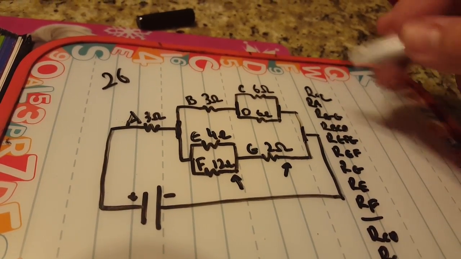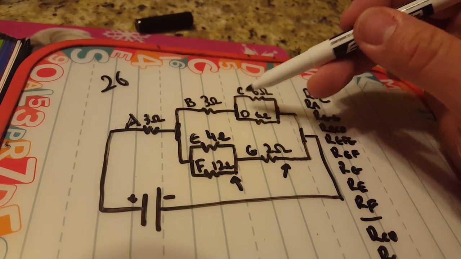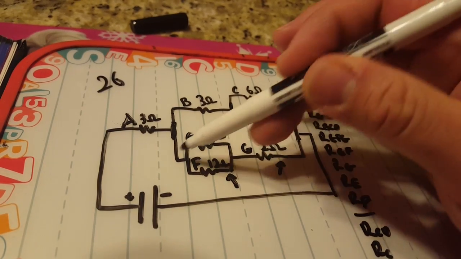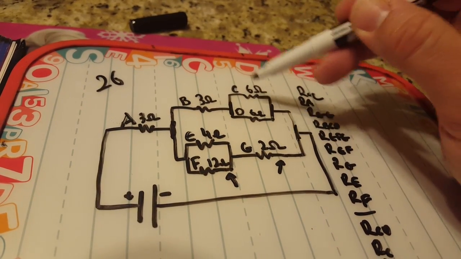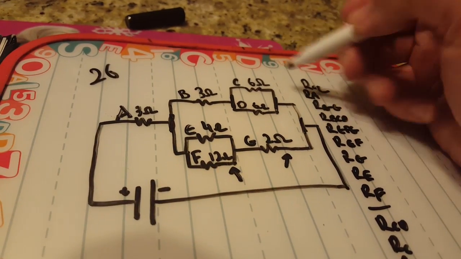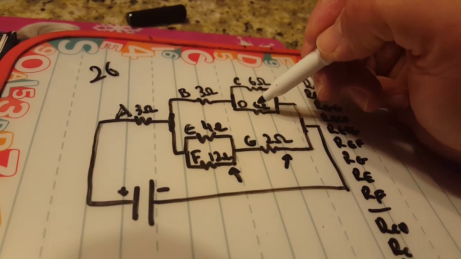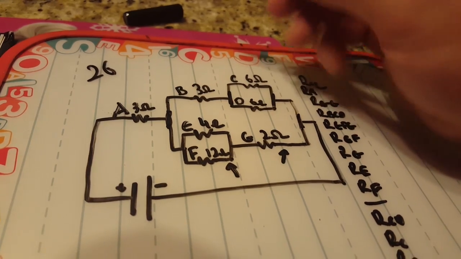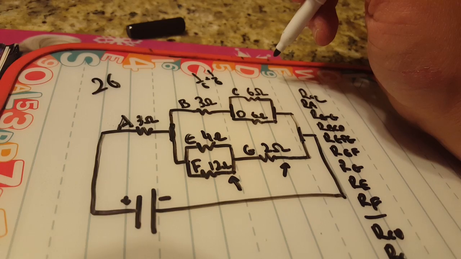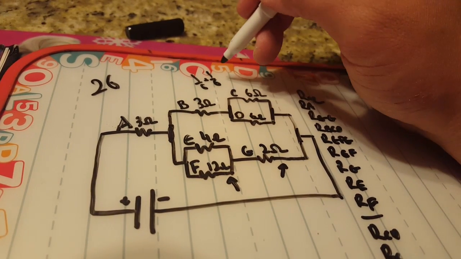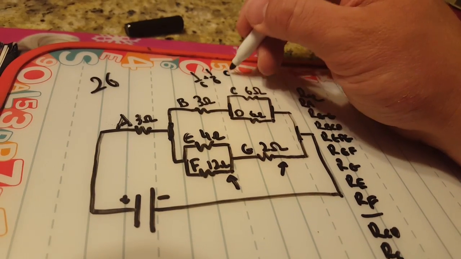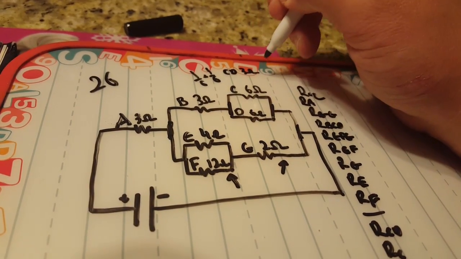So, to do the problem, we have to work these guys out. We have to work out our parallels, and then the series, and then the big parallel, and then the big series. If we have a C and a D here that are both 6 ohms, you do 1 over 6 and 1 over 6, that's going to be 2 over 6, which is equal to 1 over 3, and when you take the reciprocal, C and D give you 3 ohms.